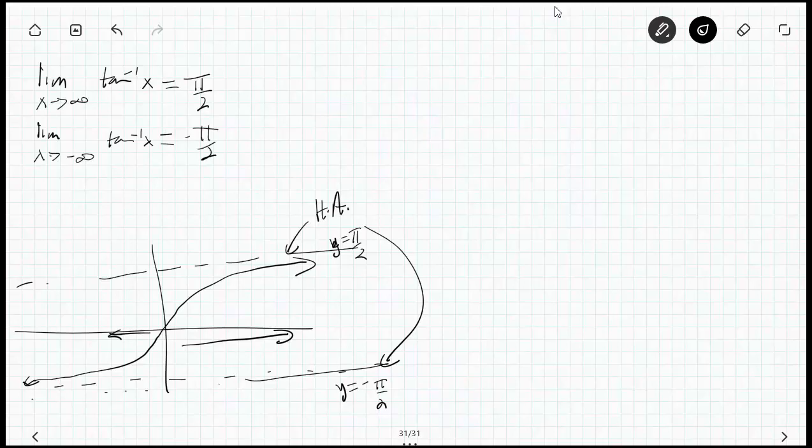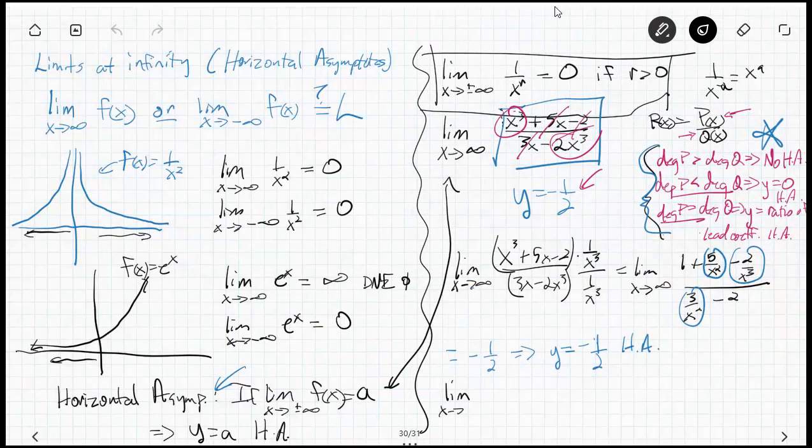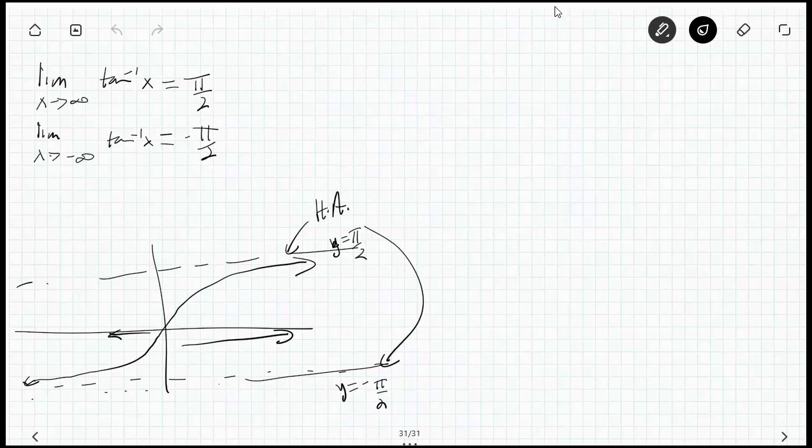What that should tell you, and that's really important, is that we're not necessarily always going to have the same limits at positive and negative infinity, right? We discussed that back here with e to the x. E to the x has no limit as x goes to infinity, and it's got 0 as x goes to negative infinity. However, I can have 2 different existing limits at positive and negative infinity.